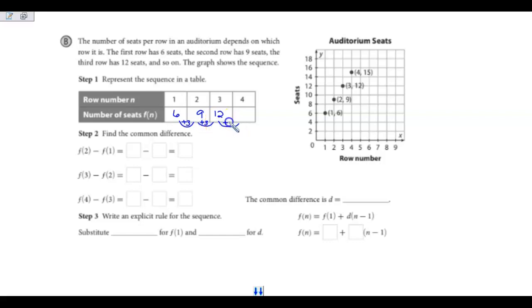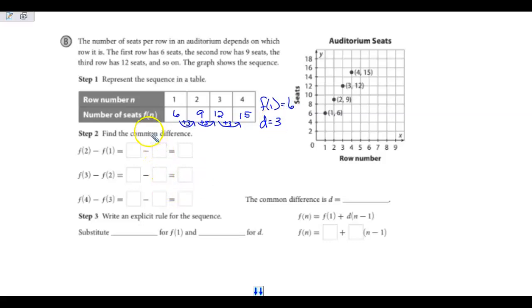So 12 plus 3 is 15. So the common difference is 3. My first term is 6.